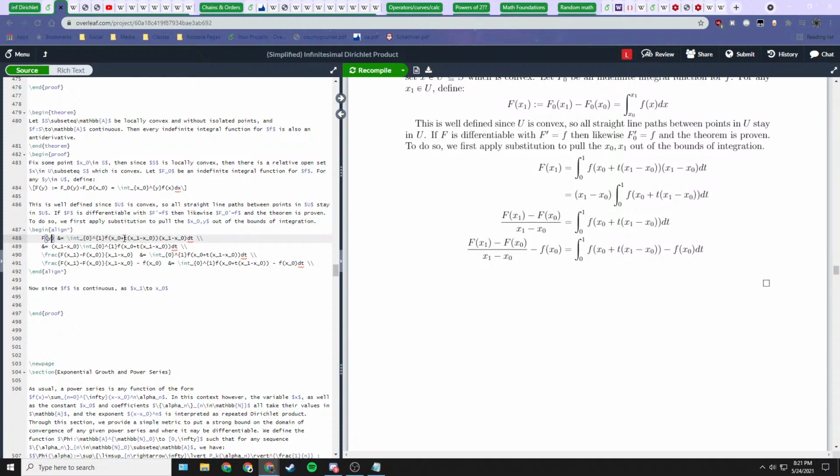We go from x0 to y. I'm just changing this x1 to a y label, so that's a little more familiar with the definition of derivative. Okay, I think that's all correct.